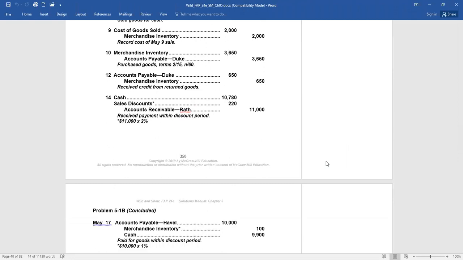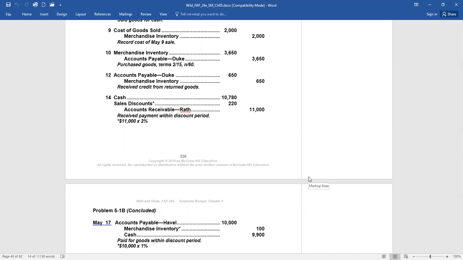The purchase discount decreases the inventory account because we didn't pay $10,000 for that inventory. Since we took advantage of paying our bill early for that inventory, we decrease the inventory account for any purchase discounts.